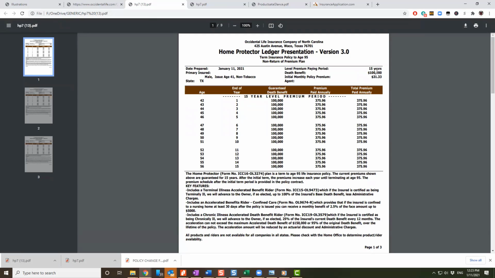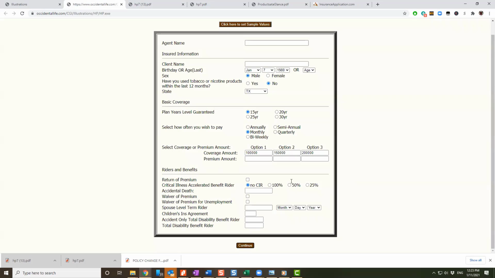Let me go to the 100,000 for $31 to $52. This is an awesome price, $31 versus $52. But if you say, well, $31 is an awesome price for the customer, but on my bonus, I need to have 150,000 in sales for the year to get a big bonus. So how do I make this amount bigger? Well, here you go. You can add a little bit of chronic illness, maybe add unemployment, and maybe add $1,000 of disability for accident.